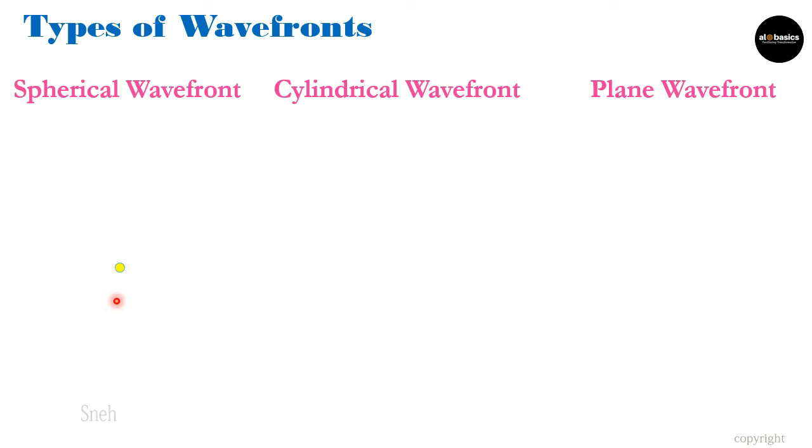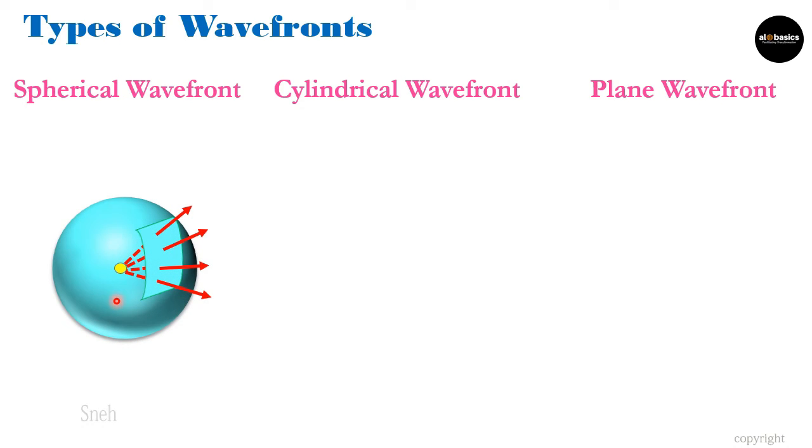I have a point source and I'm at a nearby distance from it. In that case, I'll get this type of wavefront. It is a spherical wavefront. Now in this wavefront, you can see that this is the source which is the center of the sphere, and from that we are getting these wave normals.